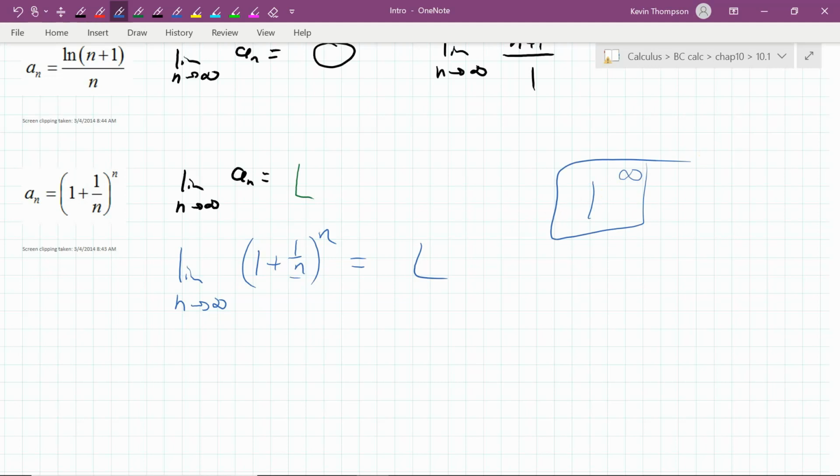A really obvious way: if you put this function into your calculator, (1 plus 1 over x) to the x, I just changed the x's to be n's, you will see something that has a horizontal asymptote, at least it looks like it, at not 1. So there's something going on here that's different.